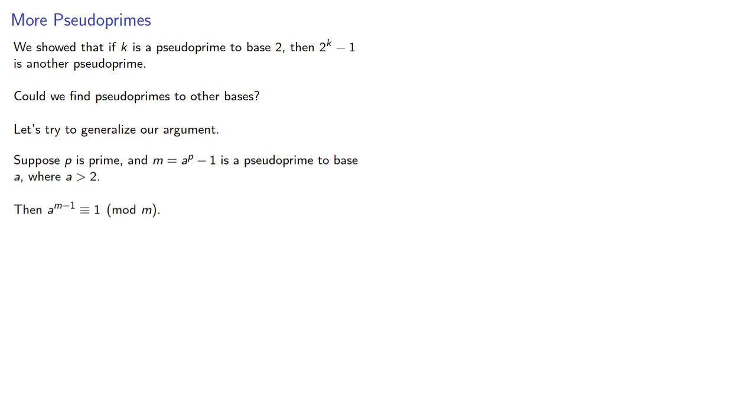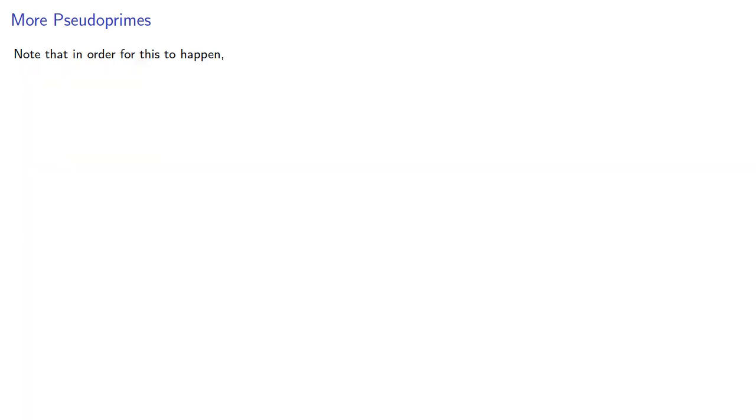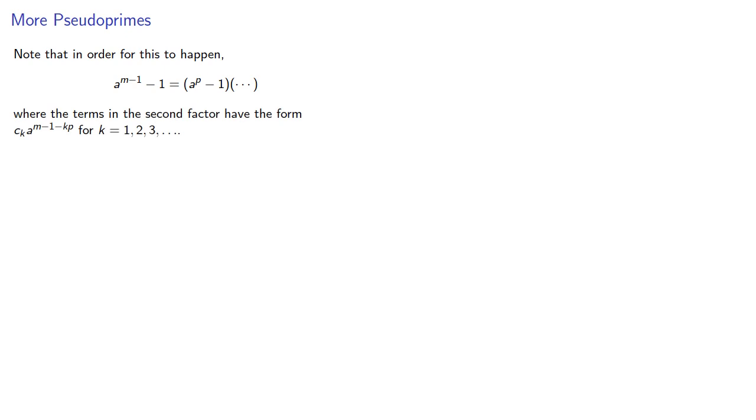Then a to the power m minus 1 is congruent to 1 mod m, and we also want to have a to the power p minus 1 be a factor of a to the m minus 1 minus 1. Note, in order for this to happen, we have to have this second factor where the terms in that second factor have the form coefficient times a to the power m minus 1 minus a multiple of p for k equals 1, 2, 3, and so on.